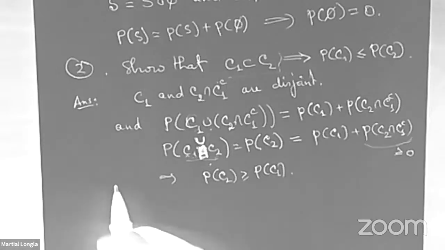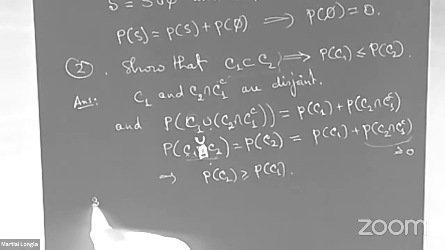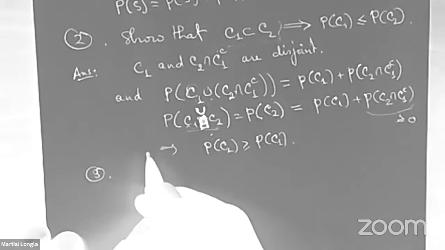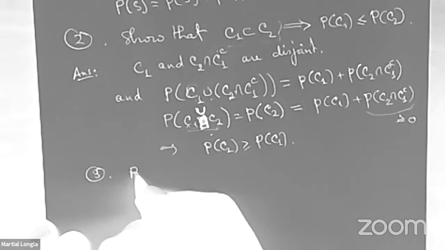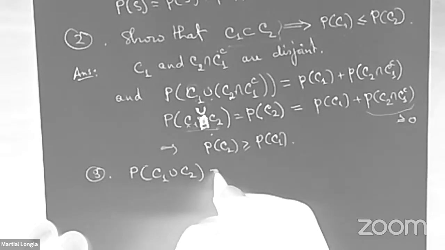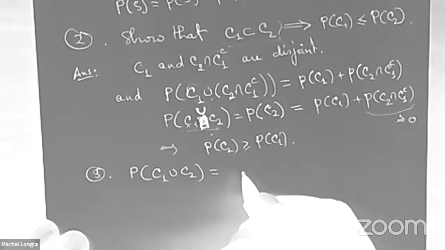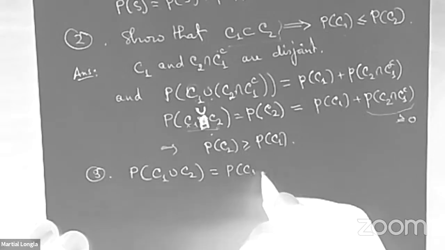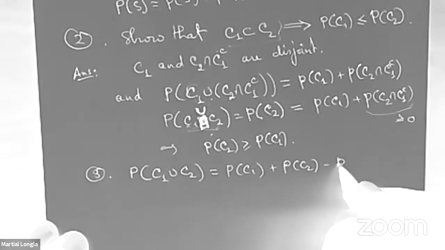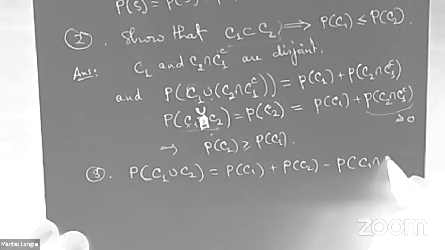Now the last exercise here, this one, please do it completely for me. In general, probability of C1 union C2 is equal to P of C1 plus P of C2 minus P of C1 intersection with C2.